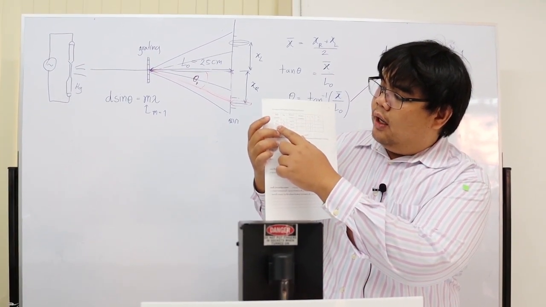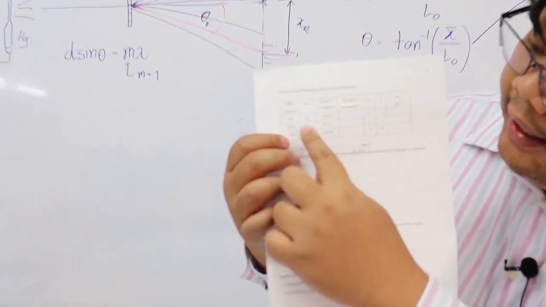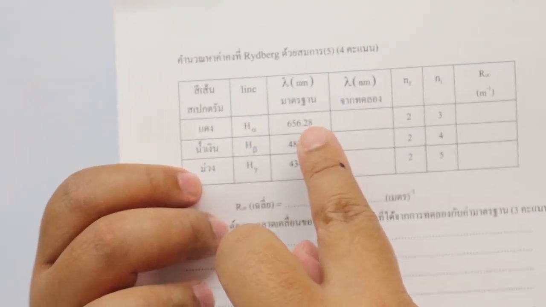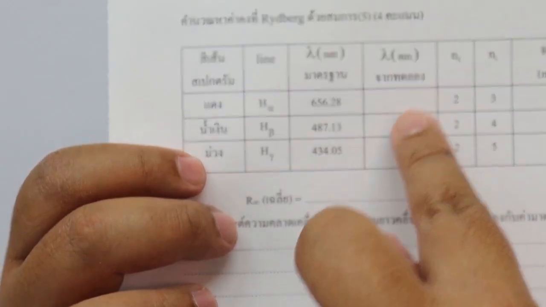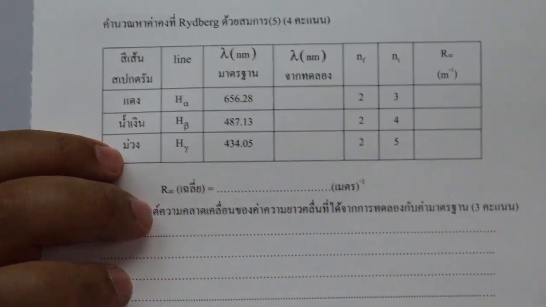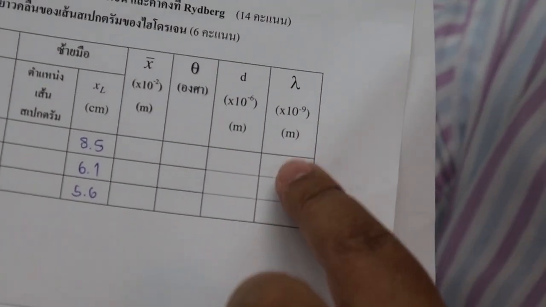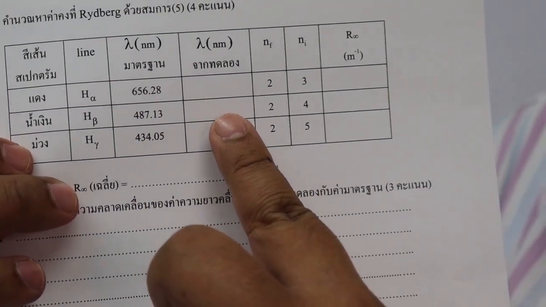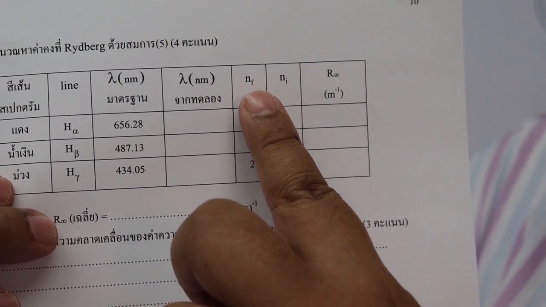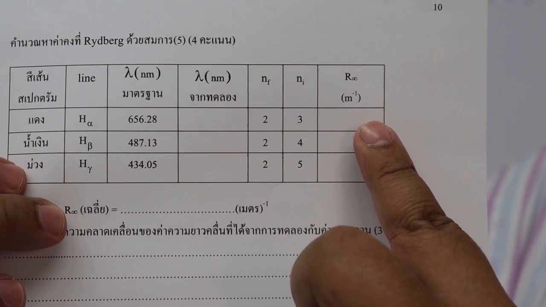For table 3, this table tells you the color of the spectrum and the wavelength of them, and this is the lambda from your experiment that you know from table 2. So you can copy these 3 values into this table. The next columns are NF and NI, and then R infinity.